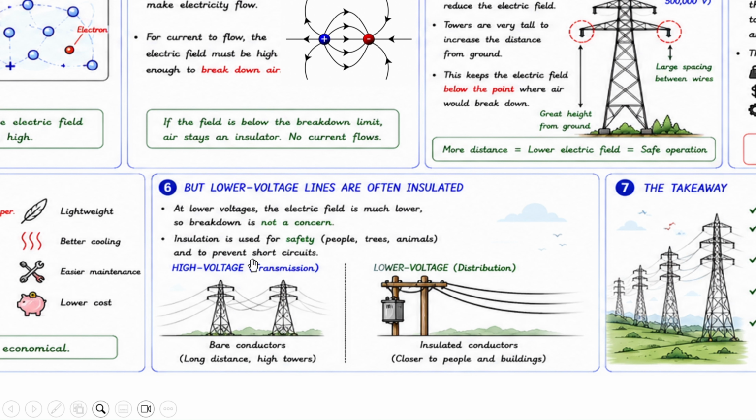So in order to prevent short circuits and for safety, you always have to insulate the conductors. As a general rule, lower voltage lines are always insulated, and high voltage lines that are away from people, away from houses, and basically outside the city, are always left exposed.